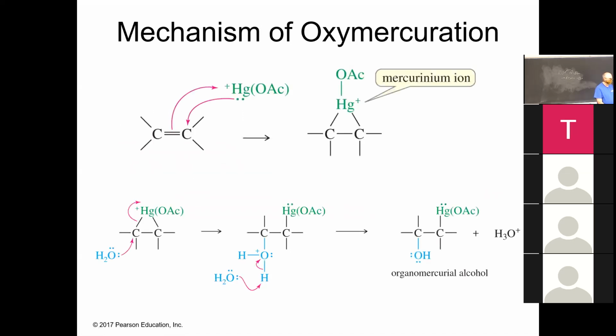The double bond attacks the Hg acetate plus. This mercurinium ion is a 3-membered ring. Because of this ring, that prevents hydride or alkyl shifts.